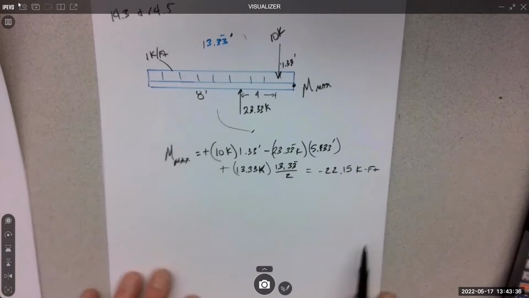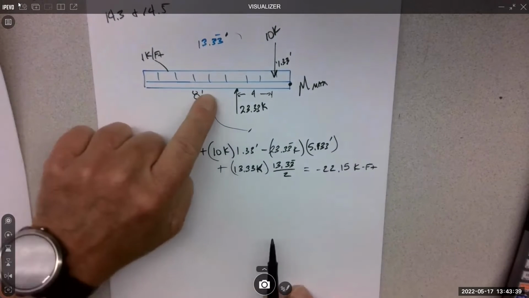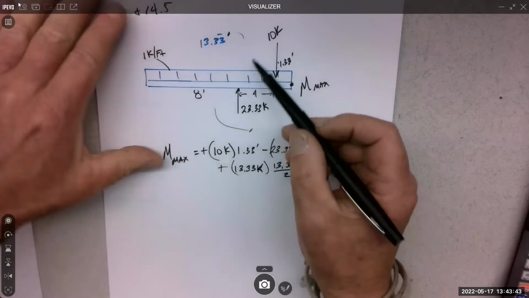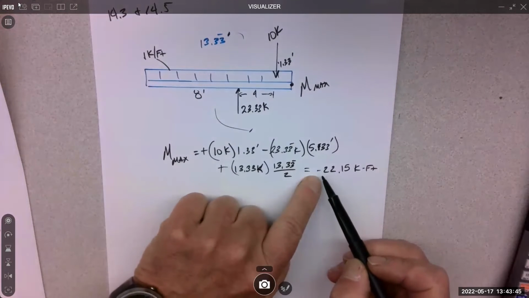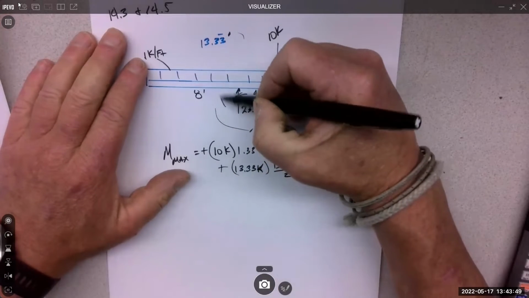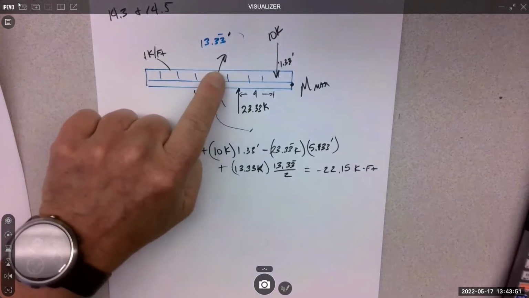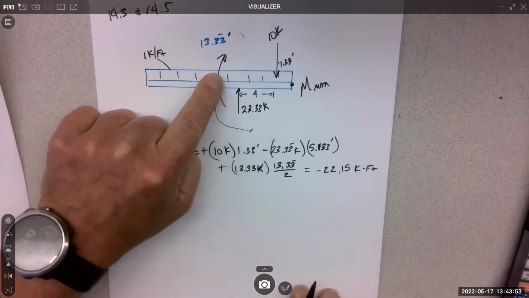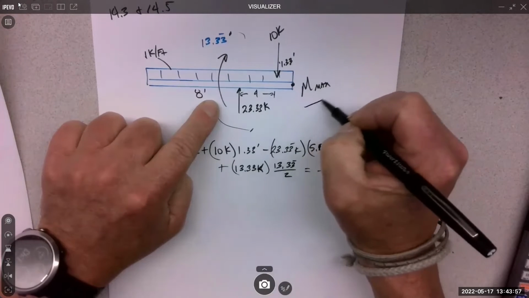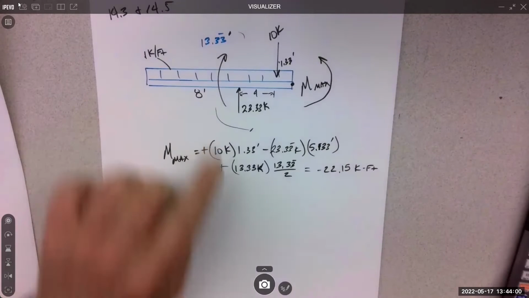Oh, it's opposite. Remember? We calculated the beam moment. We calculated the moment out here and we get negative 22.15. That means that this thing is going this way out here in the negative direction, correct? And we always resist it with M max.